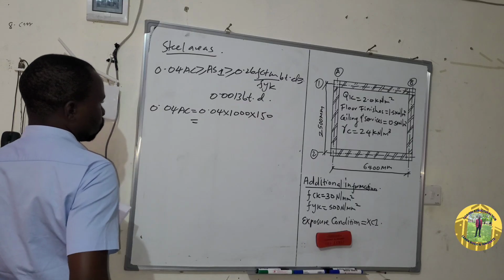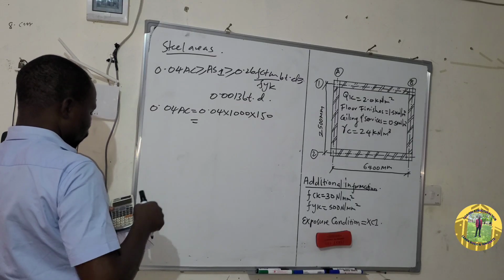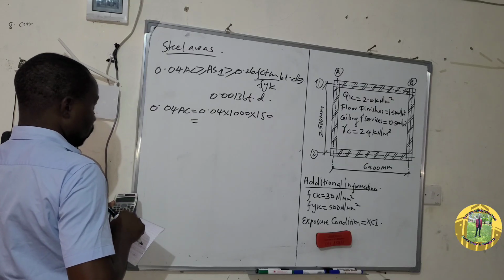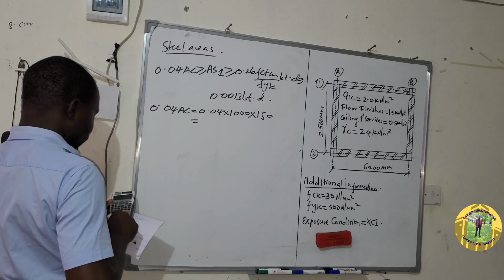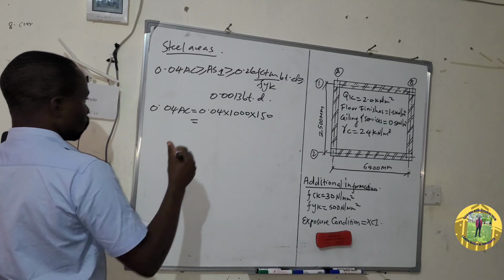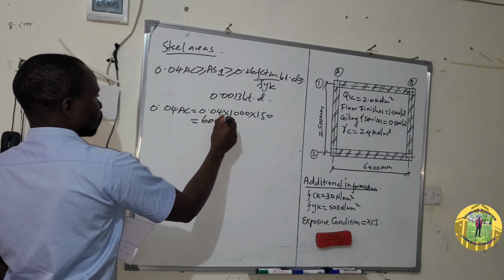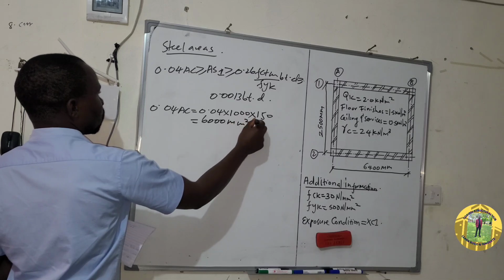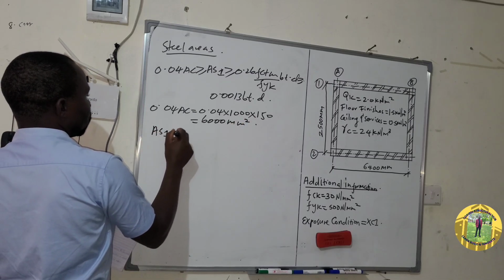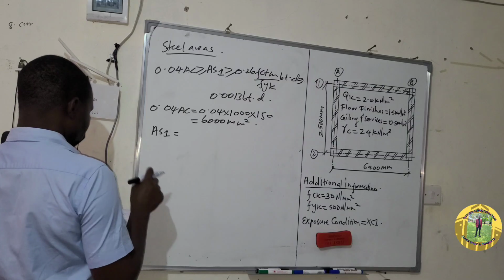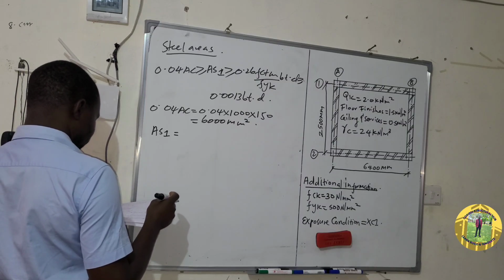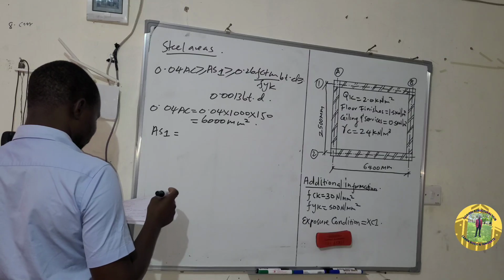So this one is equal to 0.04 times 1000 times 150. So this is 6,000 millimeter square.